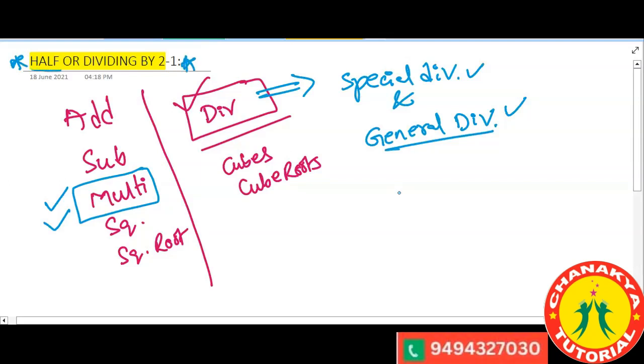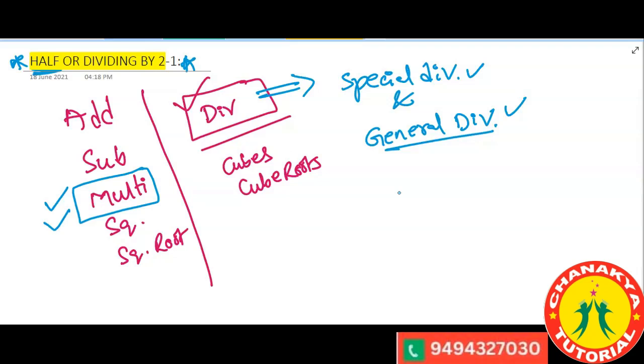Half is nothing but dividing by 2. Even while learning multiplications, we learned double, or multiplication by 2. Have you remembered? Yes, double or multiplication by 2.